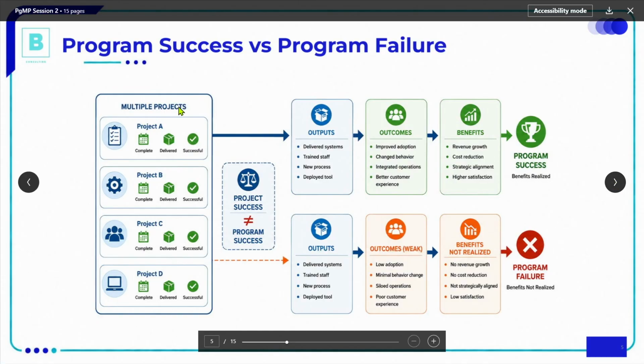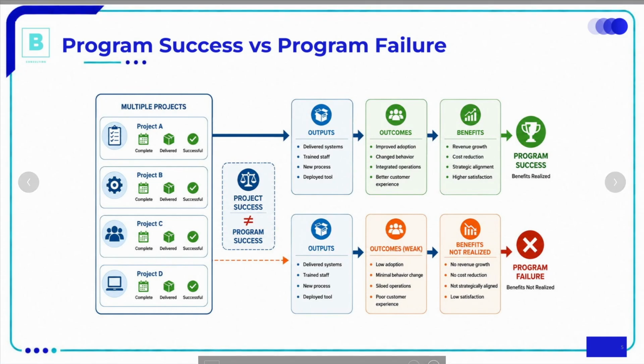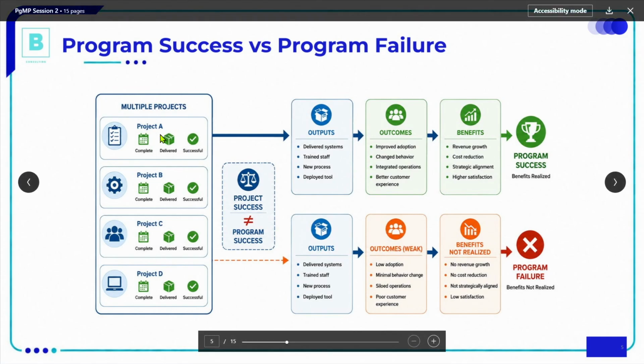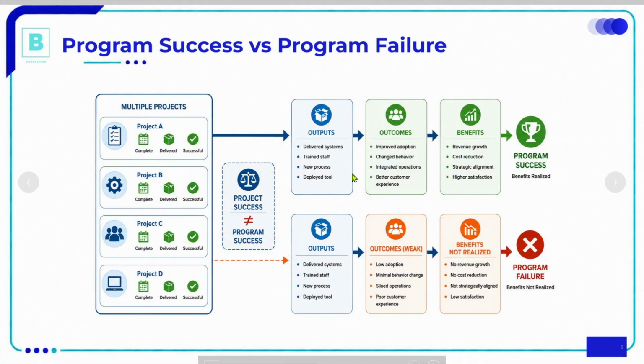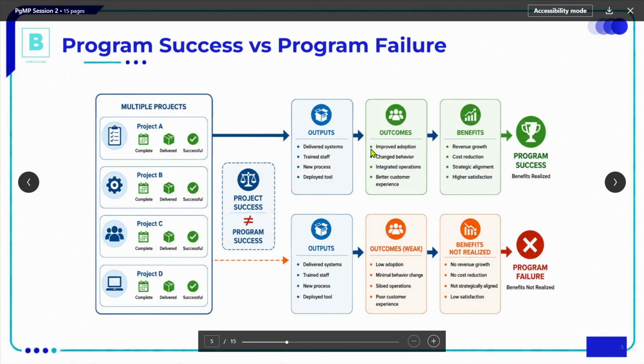So we have here multiple projects in a program, and each project gives deliverables at the end. Here, for example, these four projects: one delivered systems, the other one delivered trained staff, Project C delivered new processes, and Project D deployed tools. The outcome of Project One, for the delivered systems, is improved adoption.